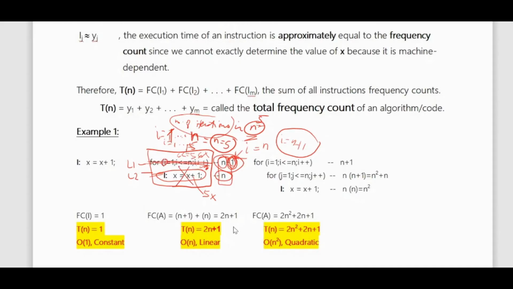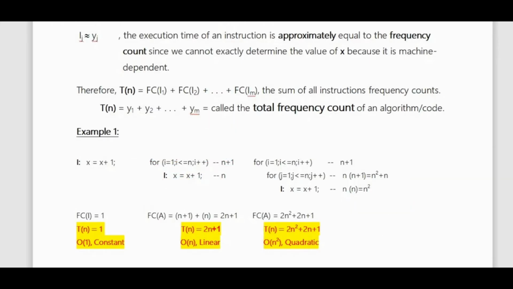So L1 is n plus 1, the frequency count, and L2 is n, so you add it. So T of n for the second example is line 1 plus line 2. That would now be 2n plus 1. That is why in our answer here, that is 2n plus 1.